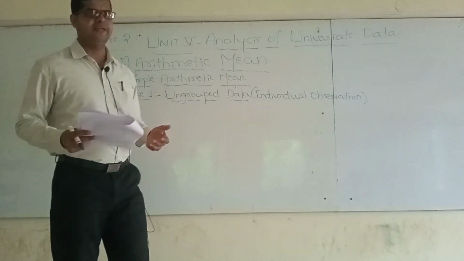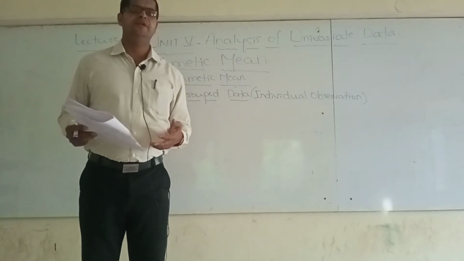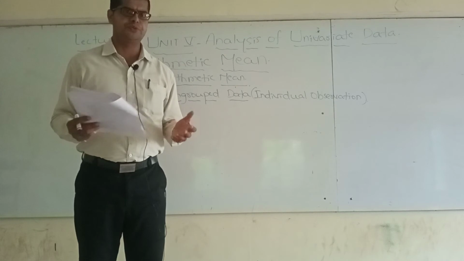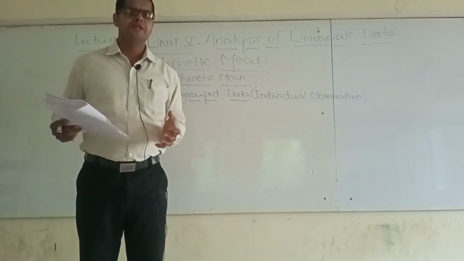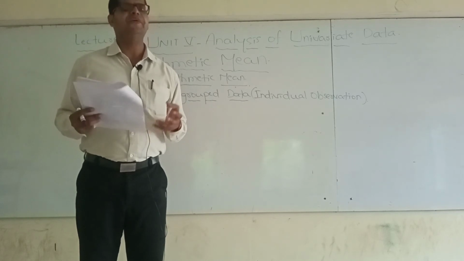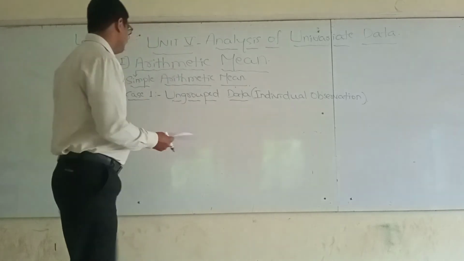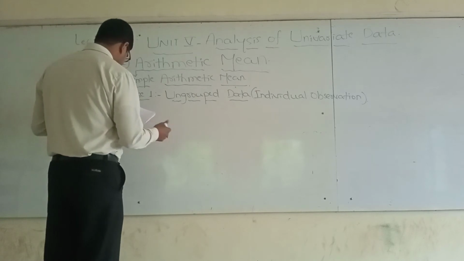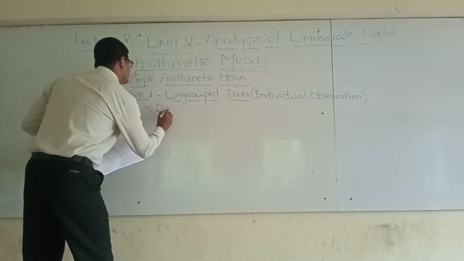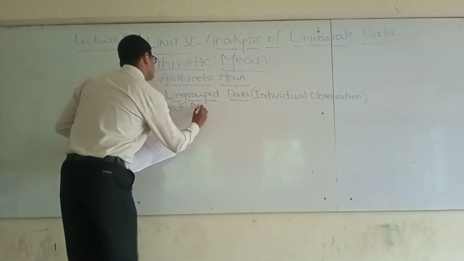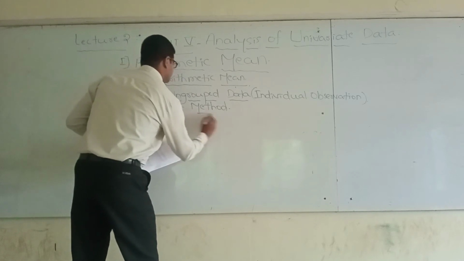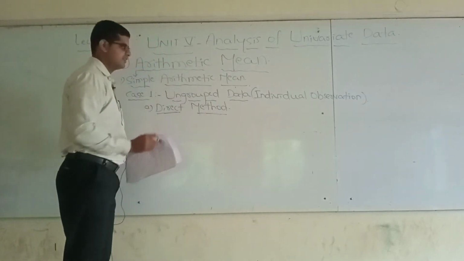It is just like a single variable, whereas a group of variables is a mixture of individual variables. So here, ungrouped data, two methods we have. I take it as direct method. Try to understand this concept.